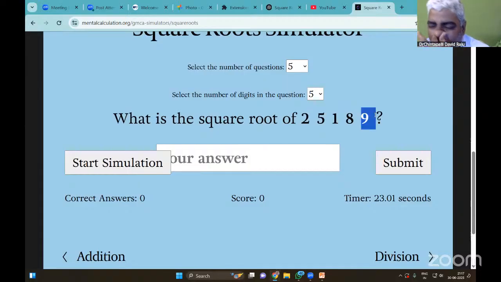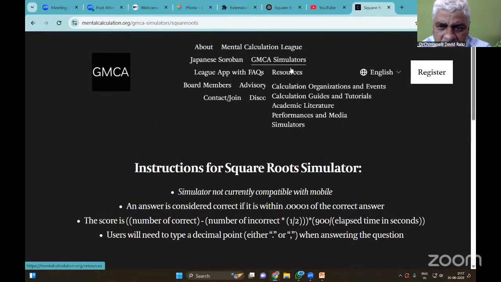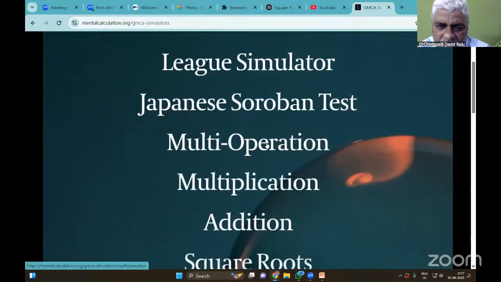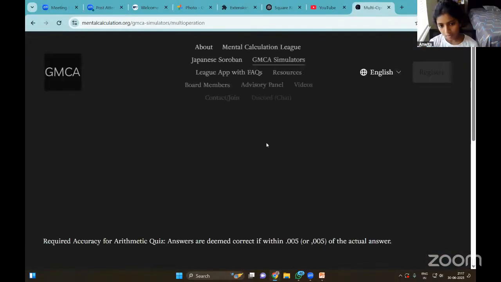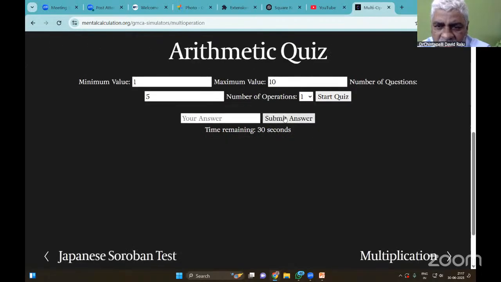After teaching the remaining phases, you will be able to find the square root of this number also without using pen or paper, right? Okay, sir. Meanwhile, I suggest you take multi operations for practice.